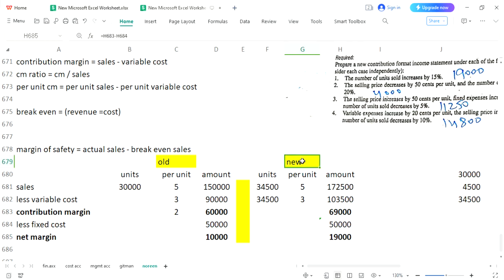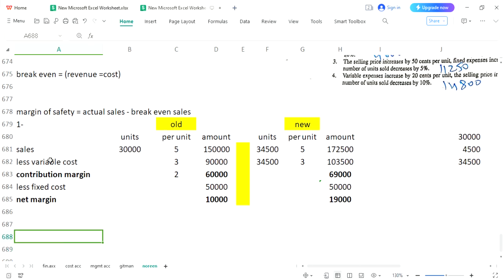This first part we have solved, and kindly understand he is asking us to be independent. When we are solving our B part, we will not be following anything from the first part. So this we have calculated is the first part, and now we are going to create the second part.